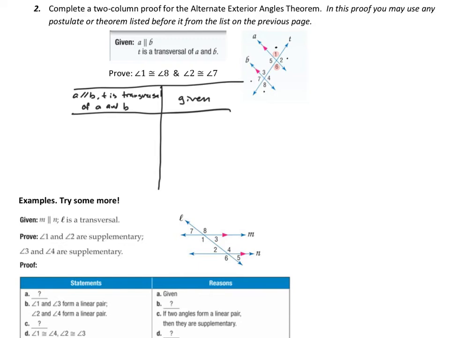I notice that angle 6 and angle 8 are corresponding, and by the corresponding angle postulate, they are congruent. So I'm going to write both of those in my proof. First, I have that angle 1 is congruent to angle 6, and that angle 2 is congruent to angle 5. And this is by my vertical angle theorem.